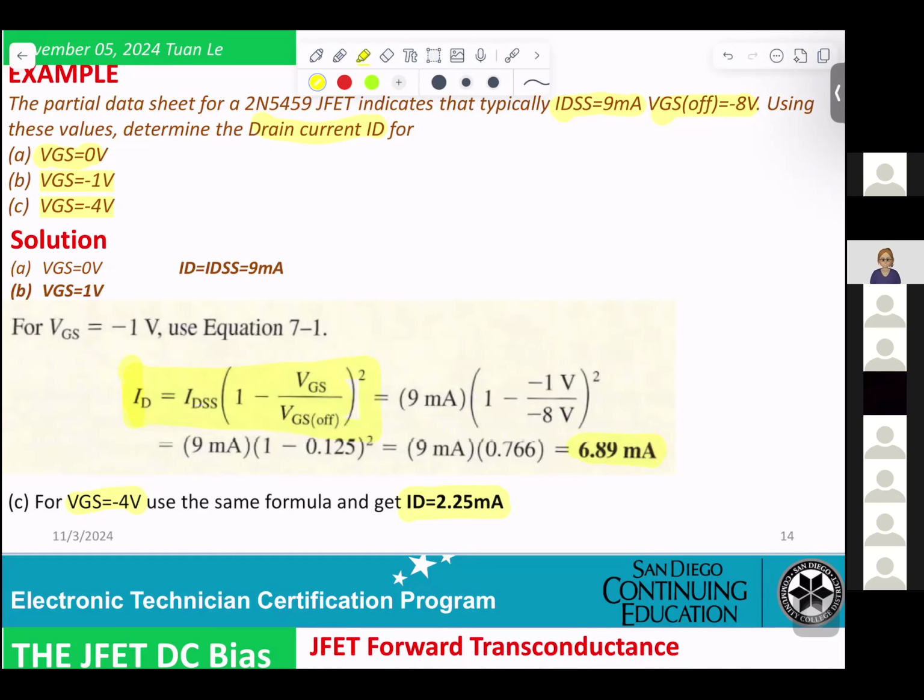Yeah, I got the same answer. That's good. You see, that's not hard to do if you understand what is ID, what IDSS or VGS off, then the calculation will not be a problem.